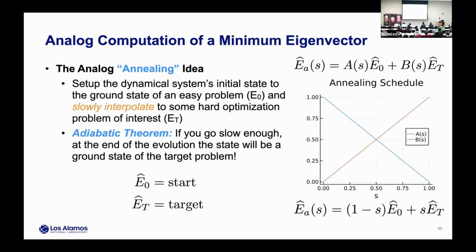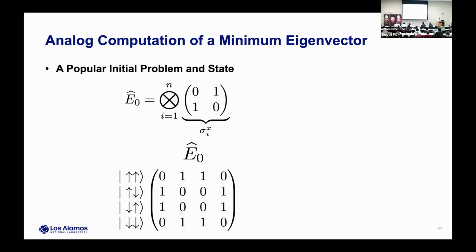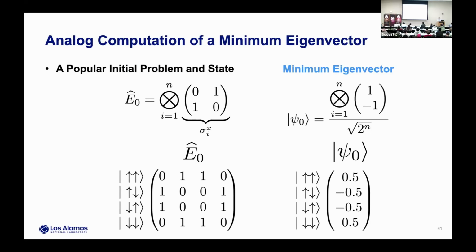Let's look at the math in a little bit more detail. One of the most popular ways to start is that you have the Kronecker product of the X Pauli matrices. Part of the reason for that is that the uniform superposition state, the plus state, is the ground state of this matrix.